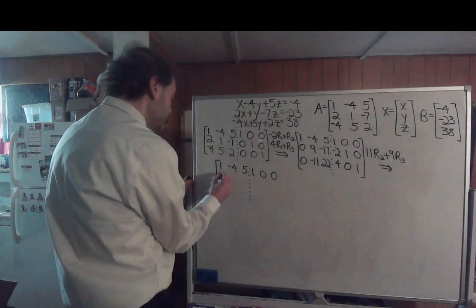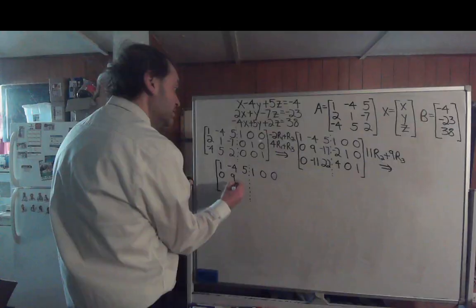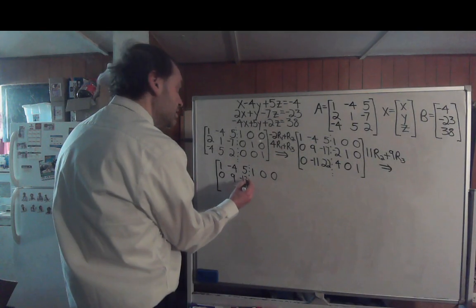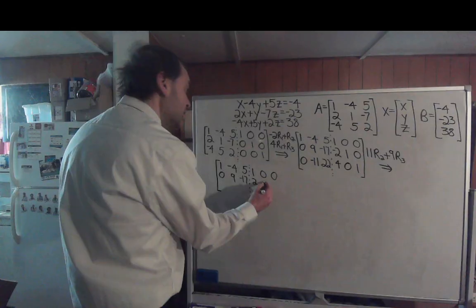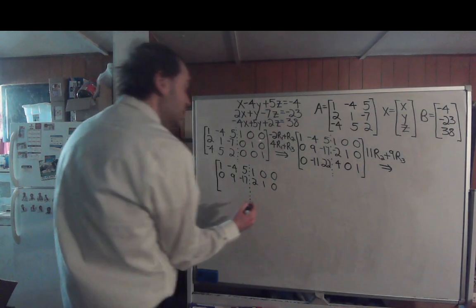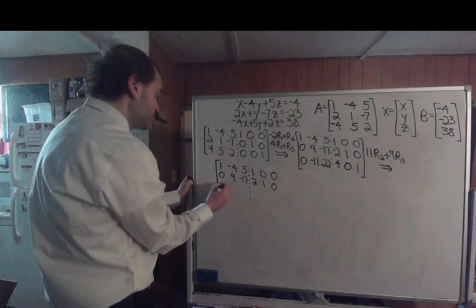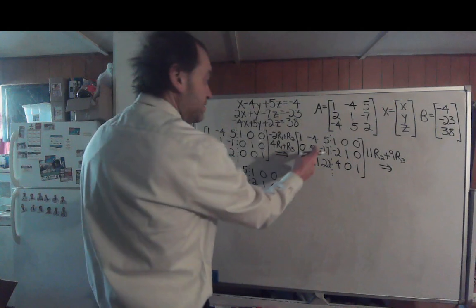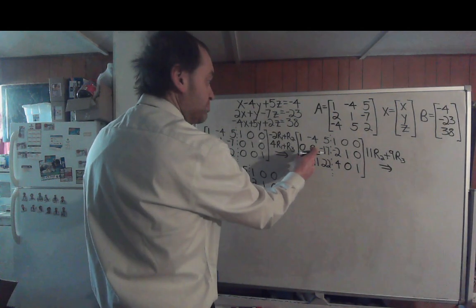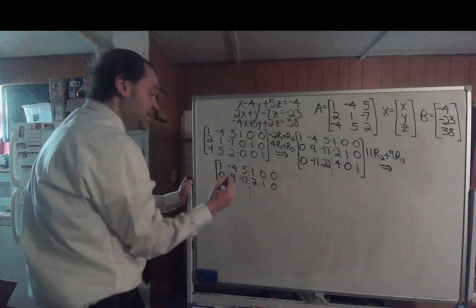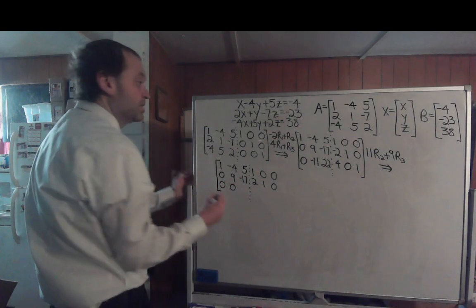Row 2 we'll leave alone for the time being. So 11 times 0 is 0, plus 9 times 0 is still 0. 11 times 9 is 99, plus 9 times negative 11, that's negative 99. That'll give you 0 there.